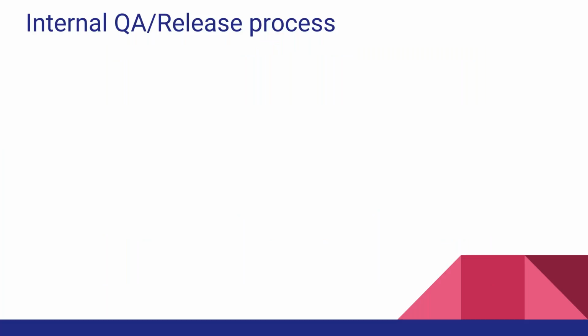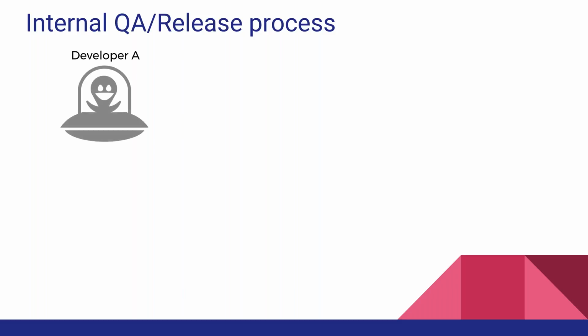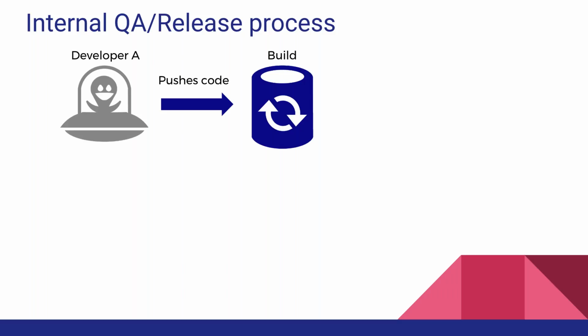Also, we have internal QA. Internal QA means we are doing QA for everything that we are going to deploy. According to our workflow, a single developer works on some task locally. Once this task is ready, he creates a pull request in GitHub, and eventually we get a build within the pull request.